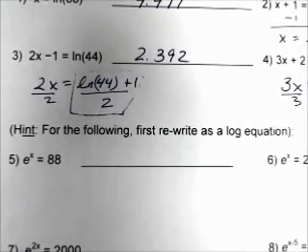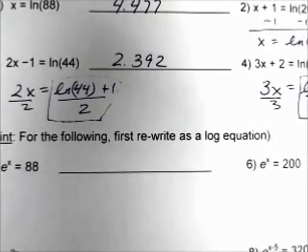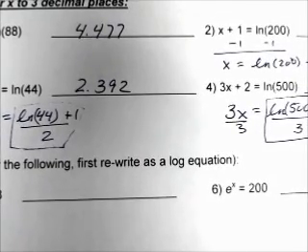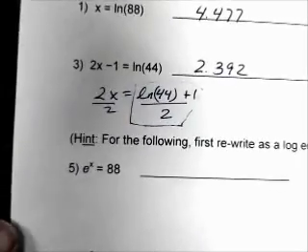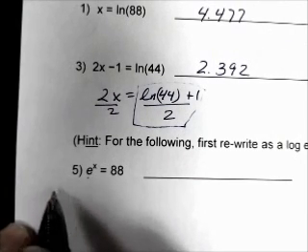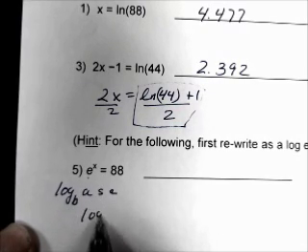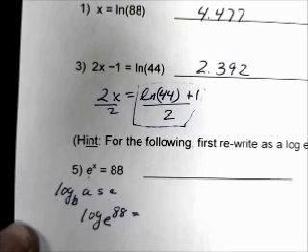Now, we're still solving for x to 3 decimal places. Here we have e to the x equals 88. First let's write this in log form. This is the exponential form of an equation. Let's write it in log form. Base is e, exponent is x, answer is 88. So log base e of 88 equals x.